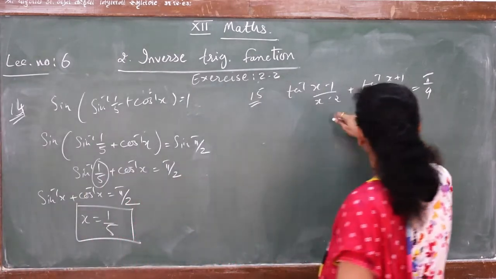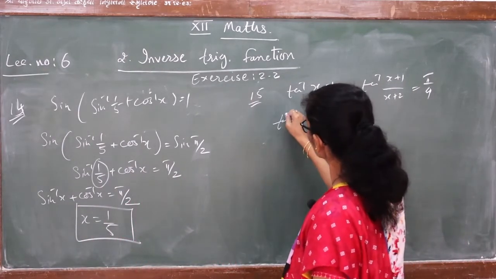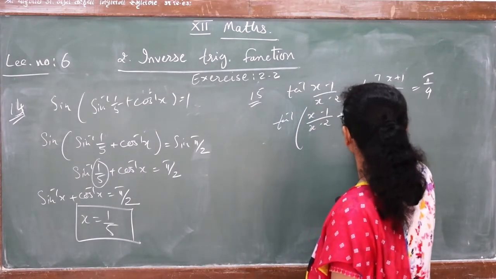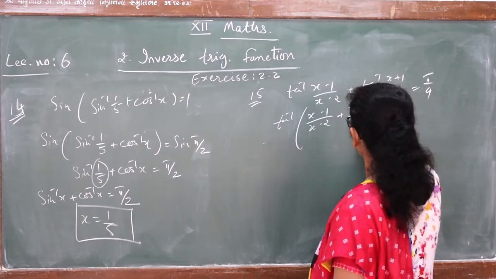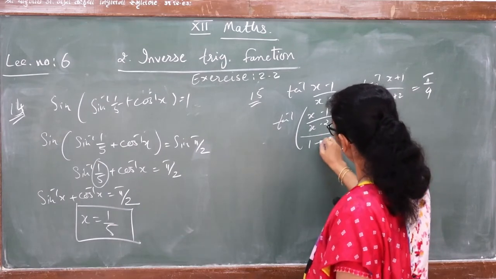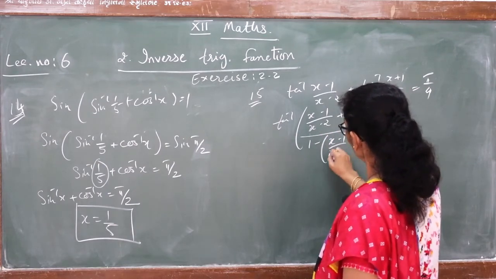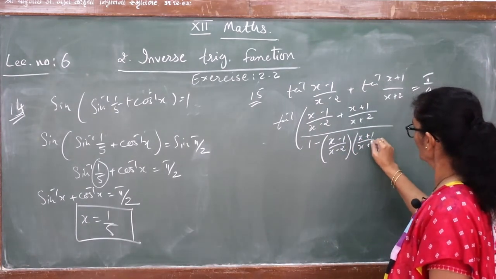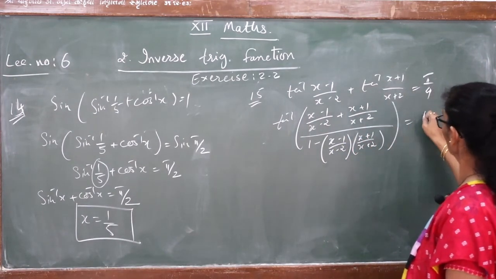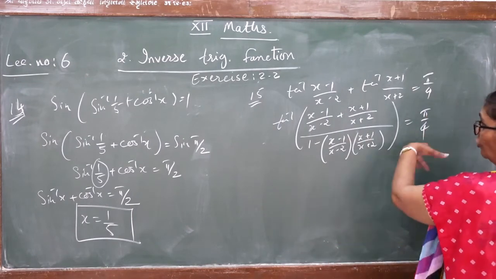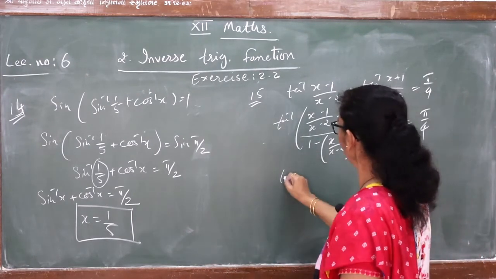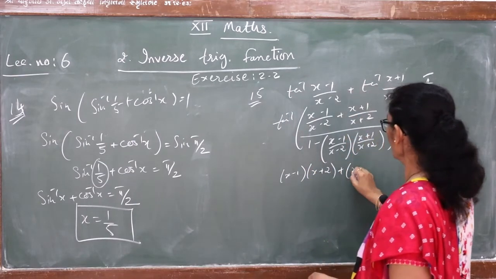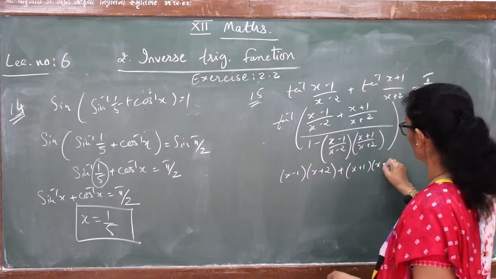Similarly, let's take the tan inverse one here. We apply the first formula: x minus 2 upon x minus 1 plus x plus 1 upon x plus 2, upon 1 minus x minus 2 upon x minus 1 times x plus 1 upon x plus 2, equal to pi by 4, taking tan on both sides. So when we take the LCM, x minus 1 into x plus 2 plus x plus 1 into x minus 2.